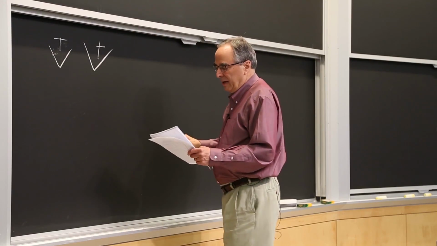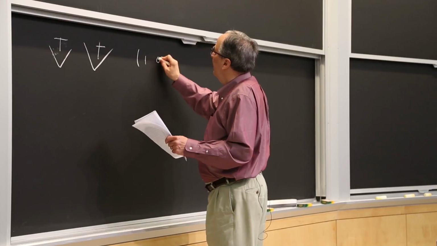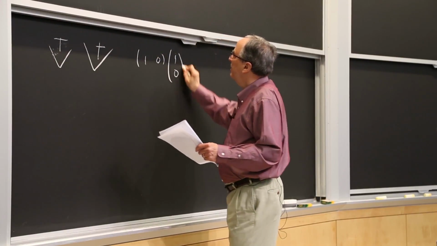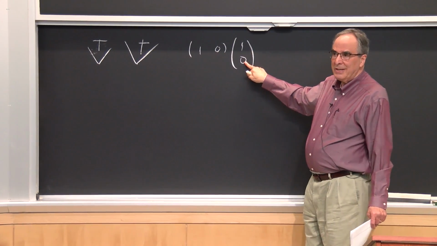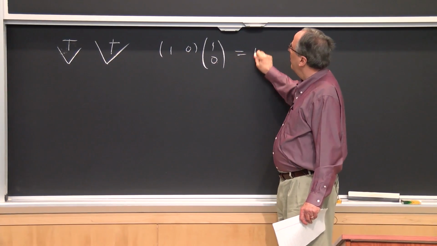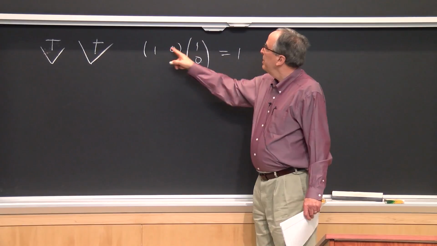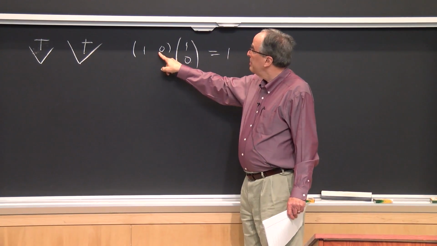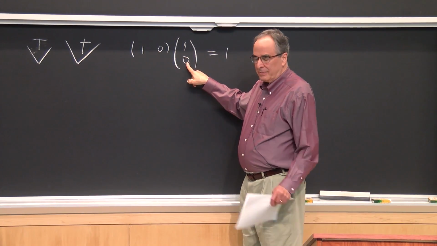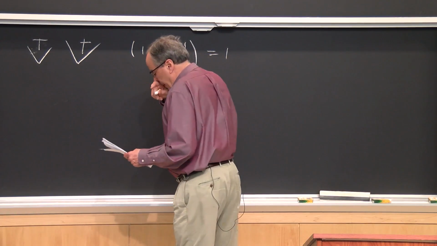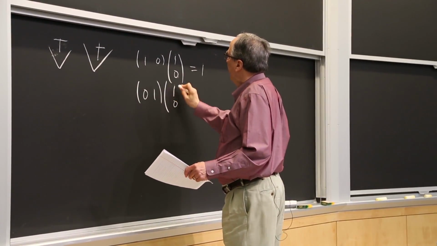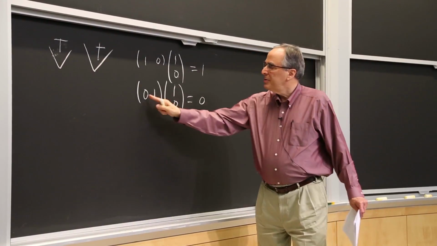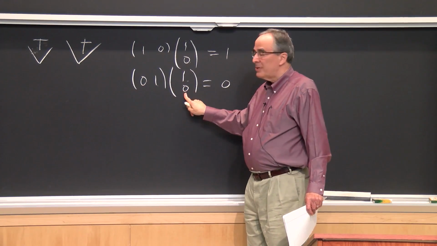And now we have this kind of symbol. So this is a normalization. That should be equal to 1. And it is, because 1 times 1 is 1 plus 0 times 0. And we can also look at this. And that's 0, because 0 times 1 is 0, and 1 times 0 is 0.